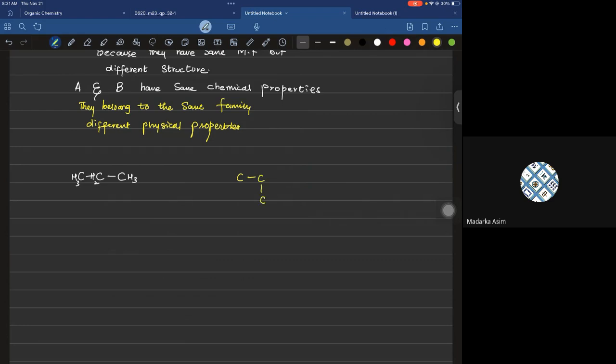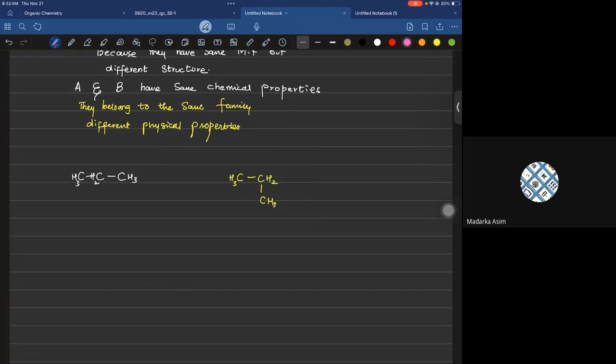You can draw this in this manner because what did I tell you? The molecular formula is same, but the structure is different. So you will draw it in this style, that is the possibility.